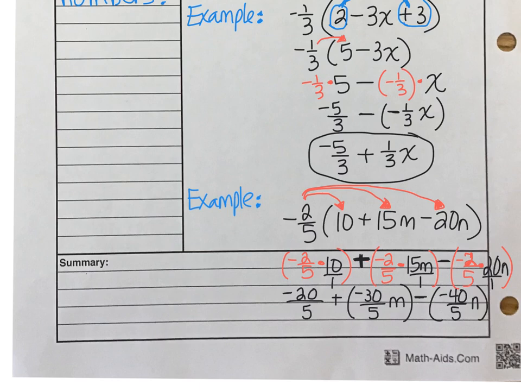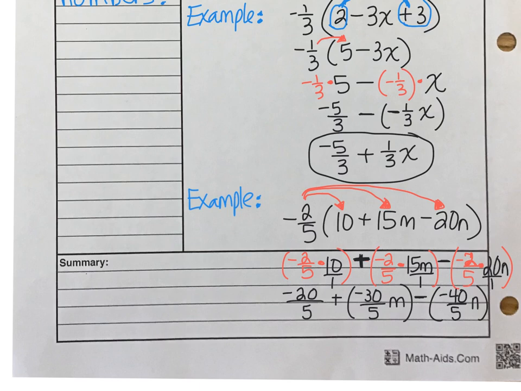So to finish this one, we're going to simplify by looking at the division to see if we can actually divide or simplify those fractions. In each case, the numerator and denominator will divide to get a whole number answer.